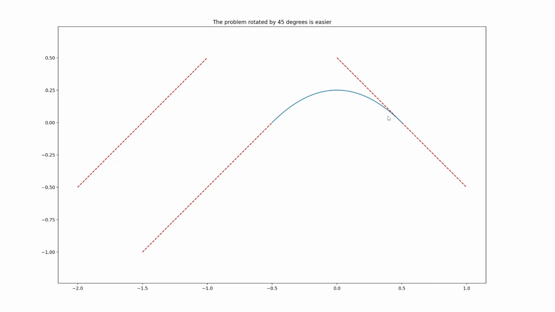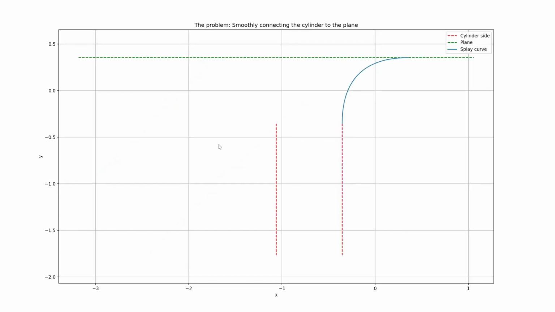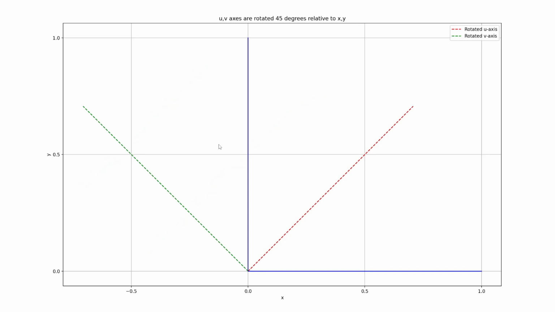That's still a 90-degree rotation, but obviously working with plus and minus 1 is way easier than working with infinity. Okay, so this is just the same problem rotated 45 degrees.